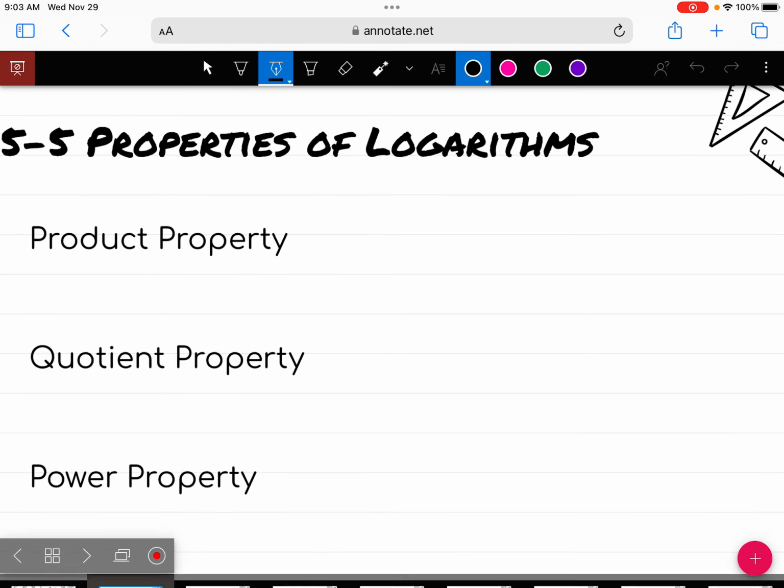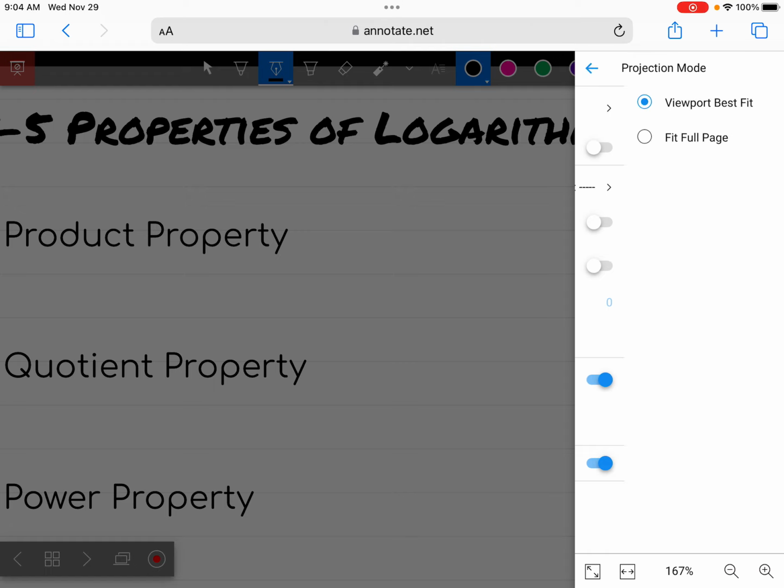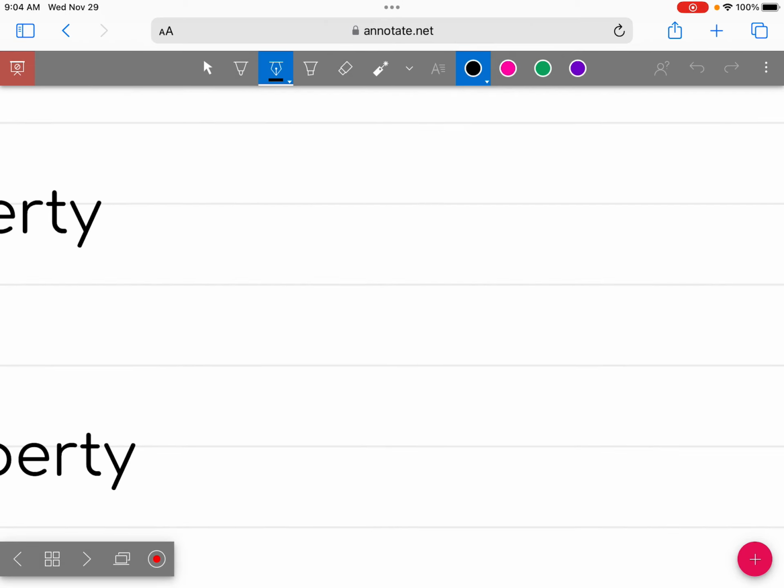So our product property is when we have log base b.